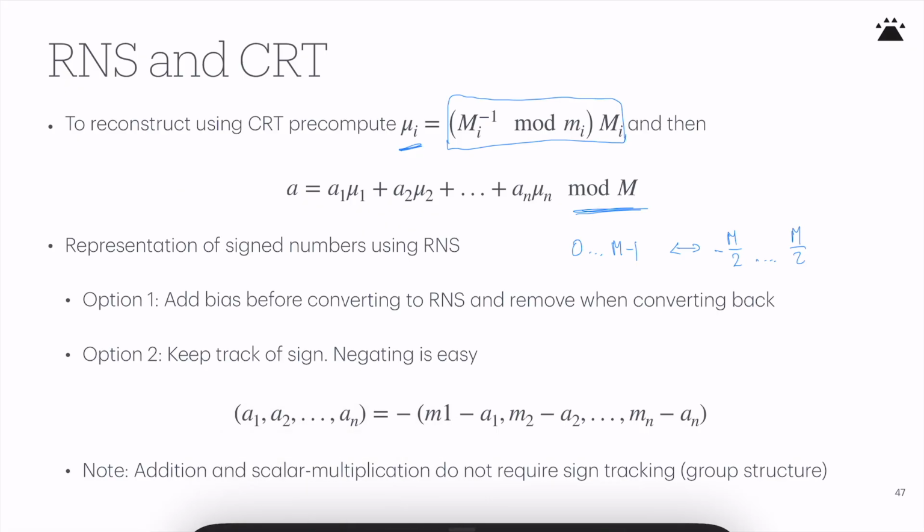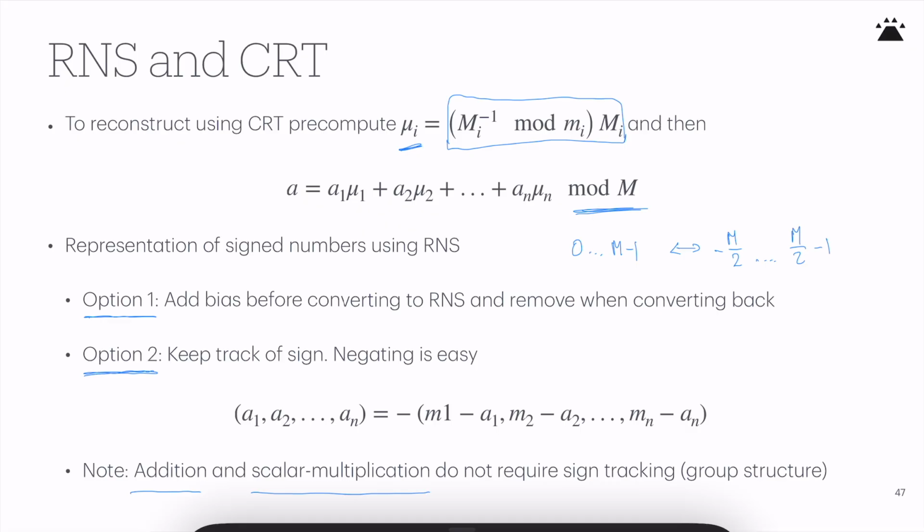One way to do it, option 1, maybe the simplest, is to add a bias before converting to RNS, do everything in RNS, and then convert back. Another option would be to keep track of the sign. Where would that matter? For addition and scalar multiplication, it makes no difference, because we're within just a group structure, so we can represent things in different regions.